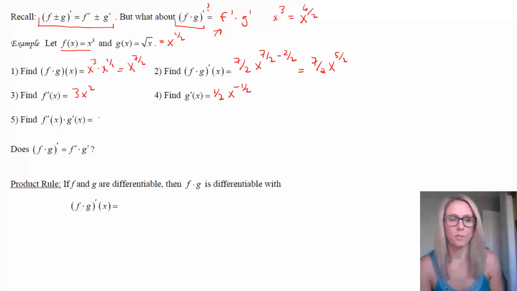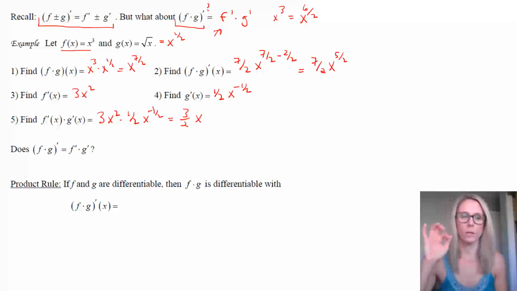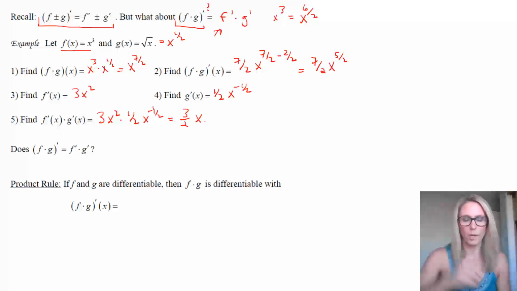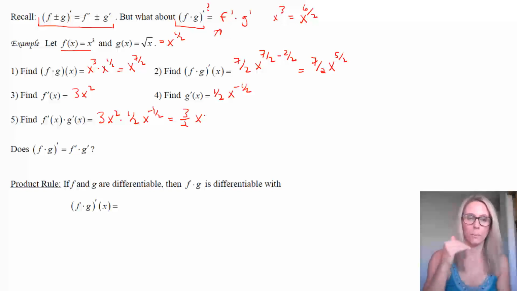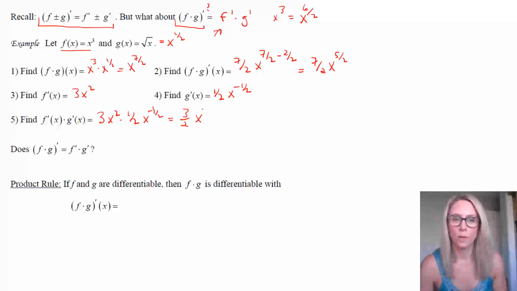Then we multiply those two things together: 3 times x squared times 1/2 times x to the negative 1/2. We get 3 over 2, and x squared times x to the negative 1/2, adding exponents, 4 over 2 plus negative 1/2, gives x to the 3/2.